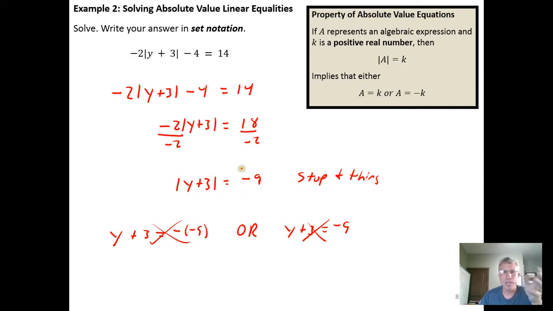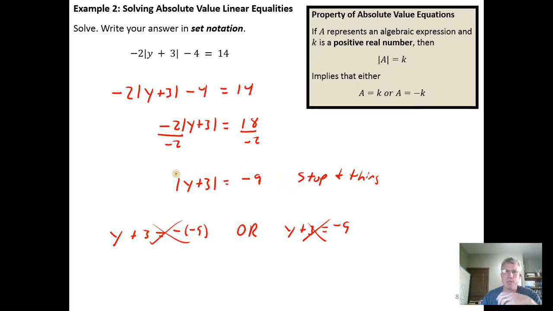It means you need to be that distance from 0. But distances have to be non-negative. They either need to be a positive real number or 0. And in this case, I have a negative number. There is no algebraic expression that will be negative 9 units away from 0 because distances are positive.